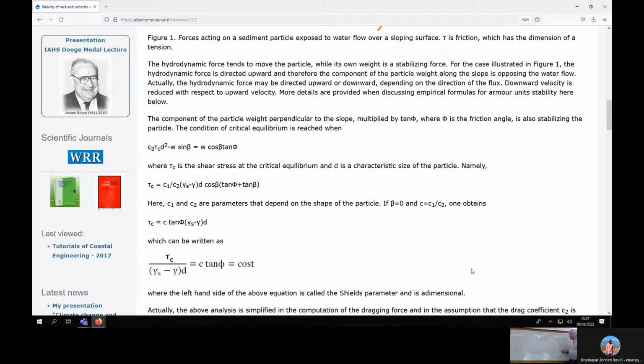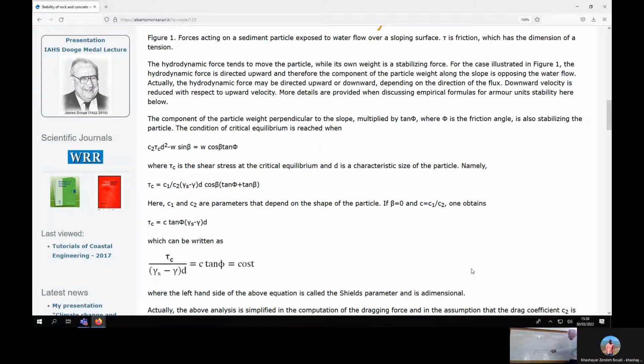So basically, I obtain this relationship here, which should be what I find in the web pages. Let me see. Yes. Actually, in the web page, there is a further assumption, which is beta equal to 0, but it's not necessary in order to reach this conclusion.